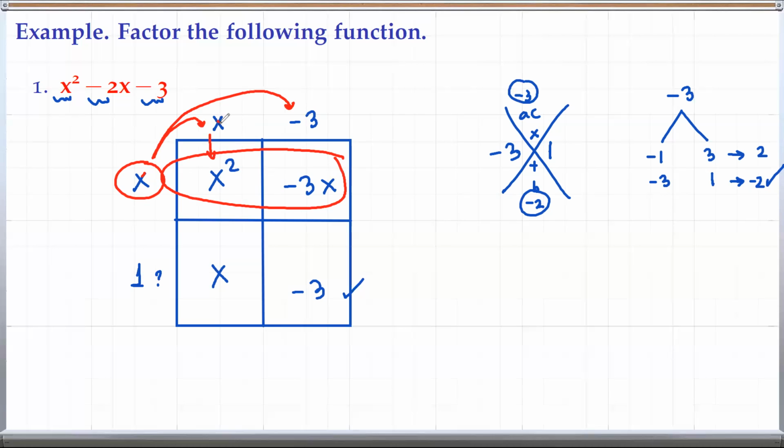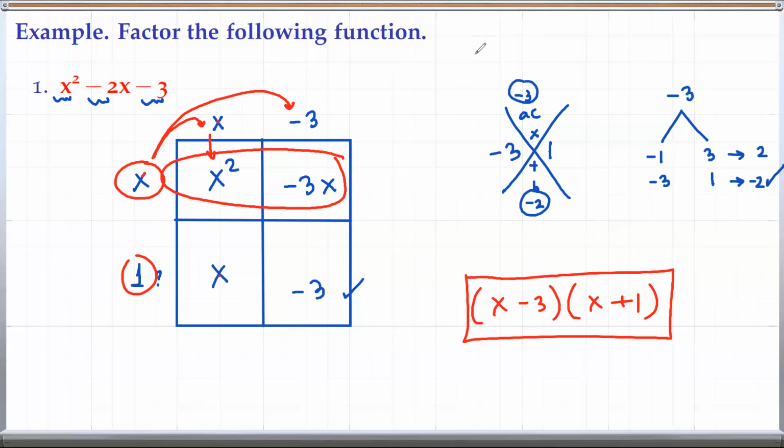Then we take x times what will give us x, so that is put down here. -3 times what will give us -3? Which we already have over here as 1. So these are the factors, x minus 3 and x plus 1. And we are done.